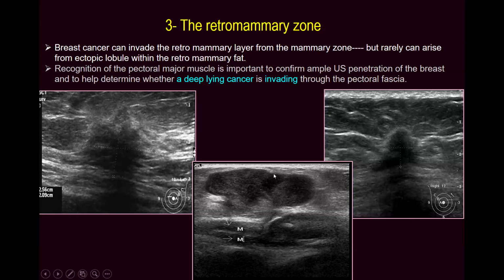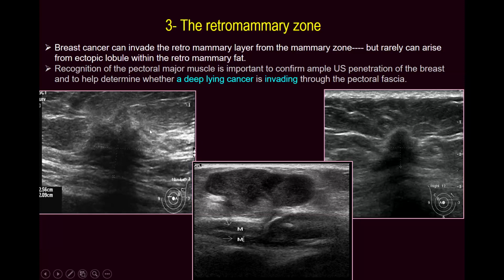Here we can see, in this case, very obviously, this lesion, circumscribed from here, but posteriorly breaking, and look how it is infiltrating the pectoralis major and even the pectoralis minor muscles. And it went to surgery and all these findings were pathologically proven, okay.